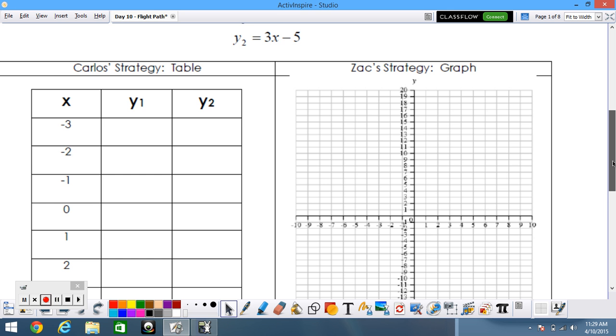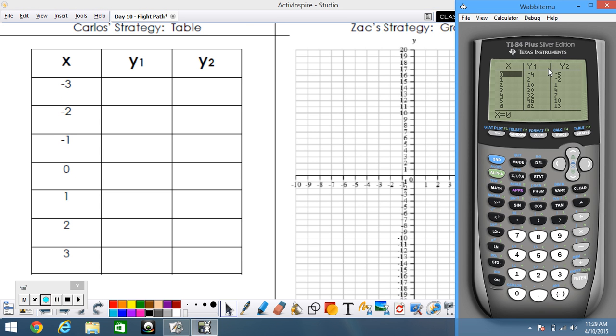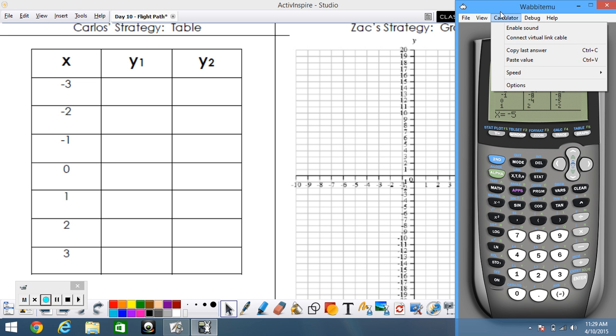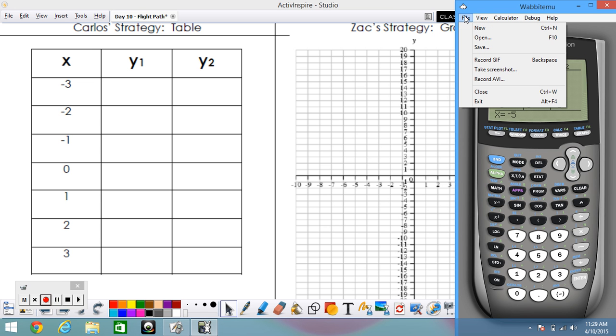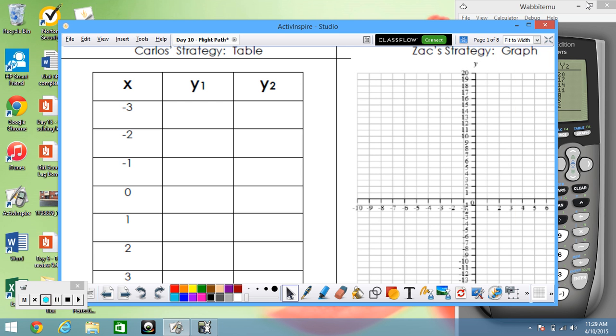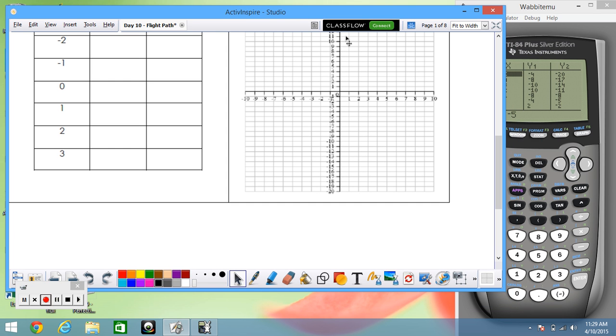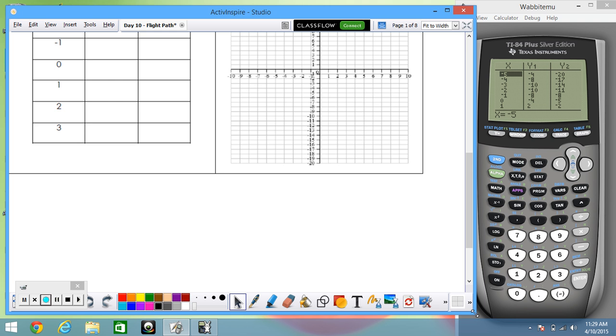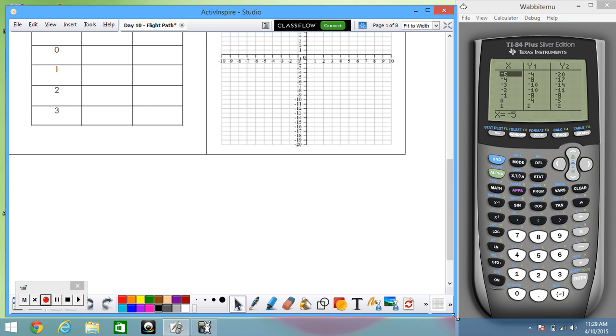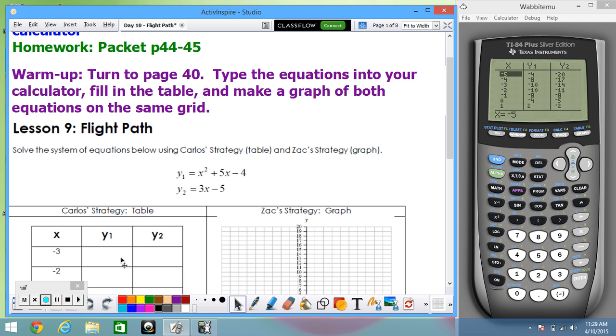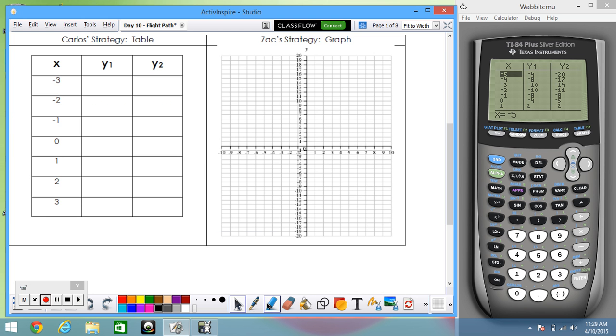Again, I see I need it from -3 to 3. I'm just going to recopy this down here.